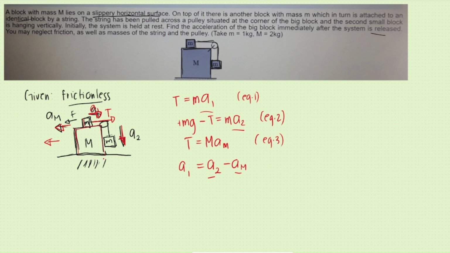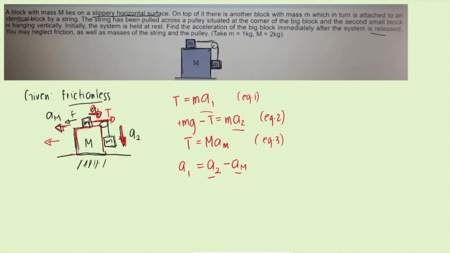But what if relative to ground? So relative to the stationary ground, your A1 is equal to A2 minus A_M, right? This moves A2 here, acceleration, and this moves A2 relative to the big block M.